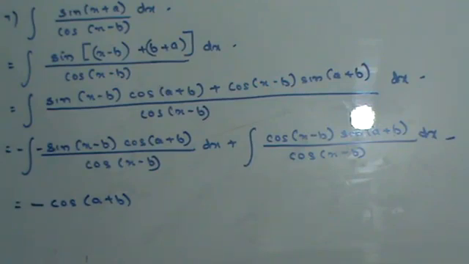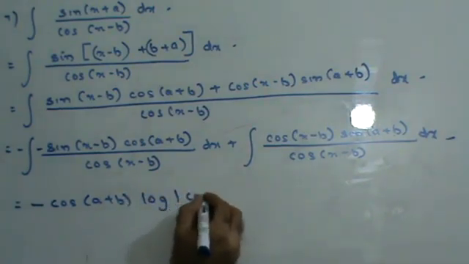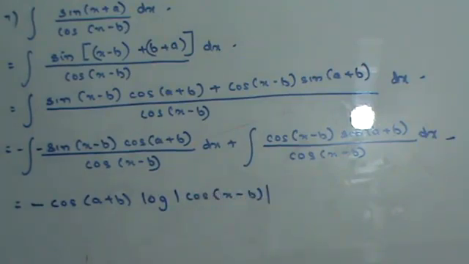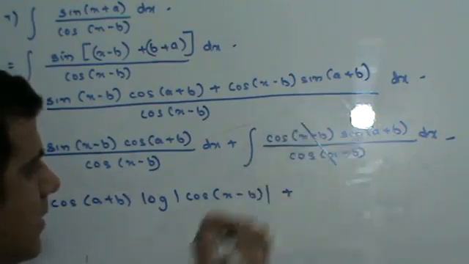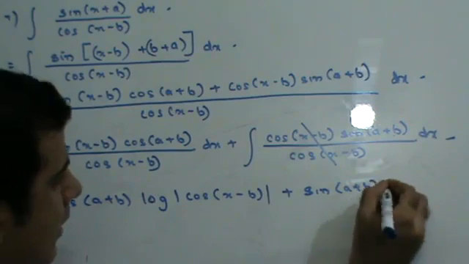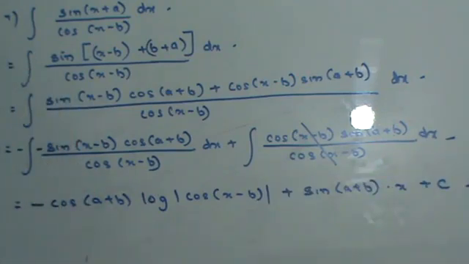Since the term in the numerator is the derivative of the term in the denominator, it will be log mod denominator, right? Plus cos cancels, constant comes out, sin(a plus b). Integral of dx is nothing but x plus c. That will be your answer. Let's see another sum, guys.